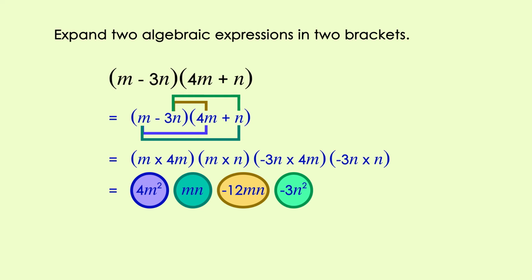Boys and girls, please take note that these are our like terms. We can solve it as mn minus 12mn is equal to negative 11mn. So our final answer is 4m squared minus 11mn minus 3n squared.